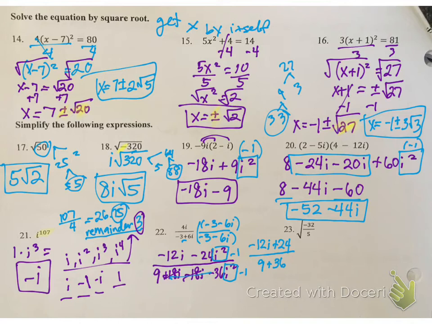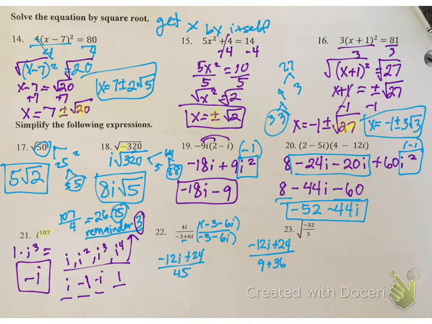I'm going to erase this really quickly so I have more room. If I combine this, negative 12i plus 24 over 45, then I can simplify.